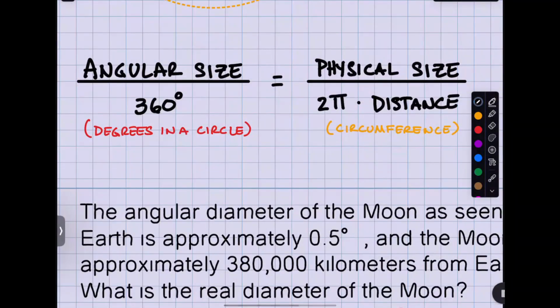Because the angular size is the angle, right? So the whole would be 360 degrees. Since the actual size is going to take up the circumference, the whole thing would be the circumference, which is 2 pi r, or the distance my eye is away from the object.